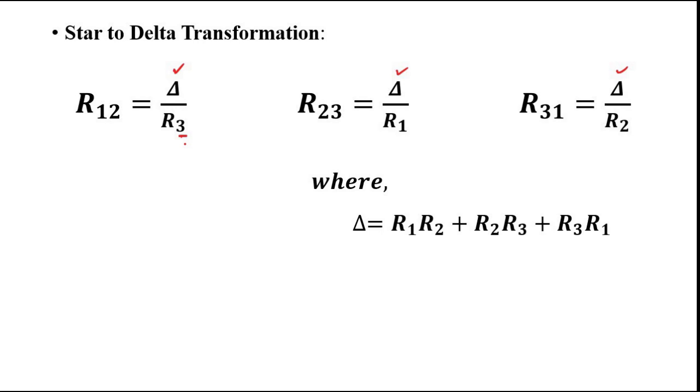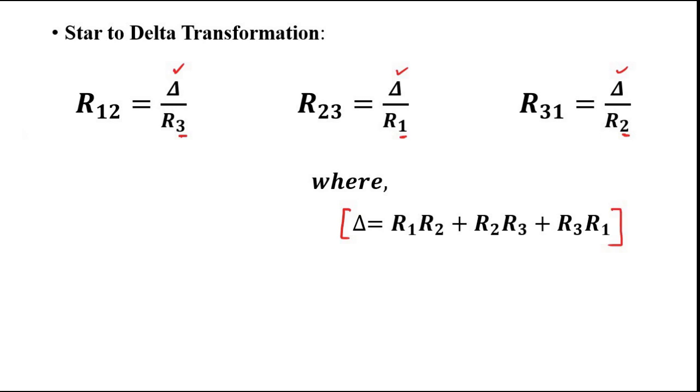So the point that is missing is 1. And here it is R31, the resistance value connected between points 3 and 1. So the point that is missing is 2, which is here. So the numerator is constant, and we only have to include the resistance value for the missing point. Here it is 3, here it is 1, here it is 2.